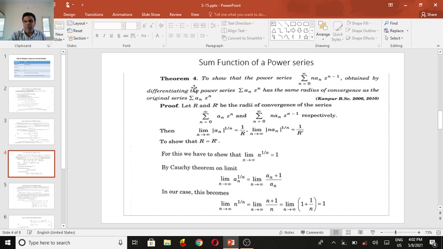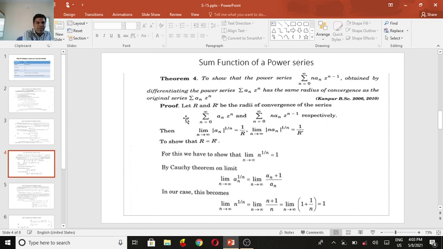If this power series is differentiated, we get n an z^(n-1). Let r and r dash be the radii of convergence of the power series summation from n equals 0 to infinity of an z^n and summation from n equals 0 to infinity of n an z^(n-1) respectively.